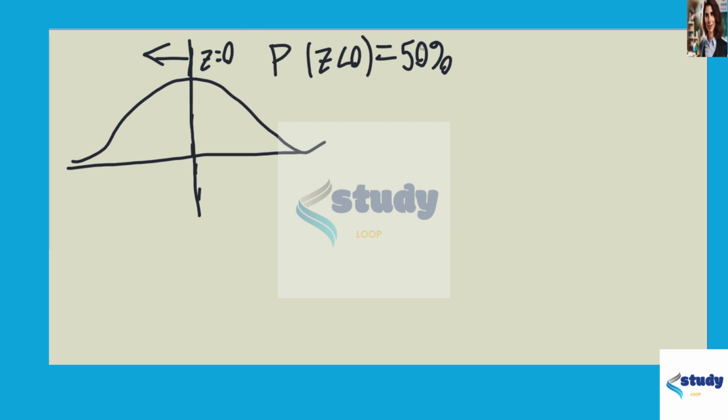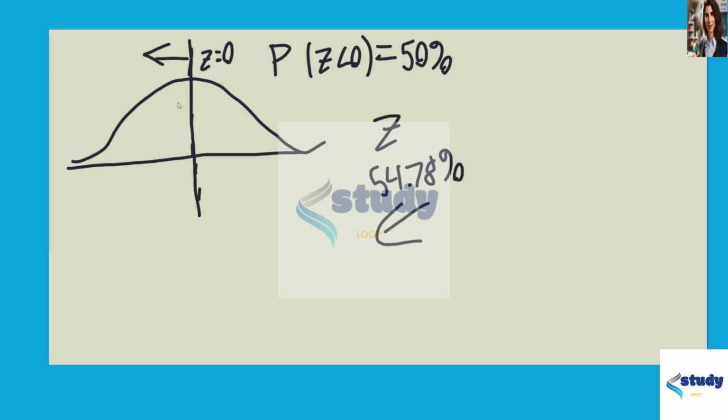Okay, so what we're asked to find is the z-score where 54.78% of the area under the curve is to the left of that z-score. This is the first part of our problem.